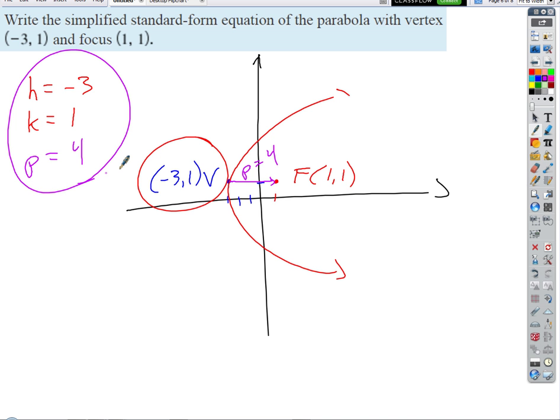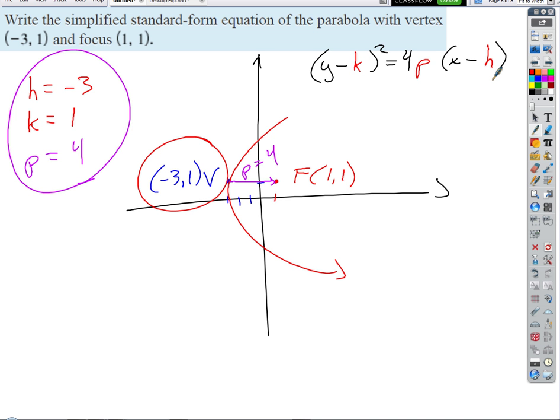So then all I've got to do is plug this information into the appropriate standard form equation. Well, which one's it going to be? If it's a horizontal parabola, which variable is being squared? Y's. Good. So this is going to look like y minus k squared equals 4p times x minus h.